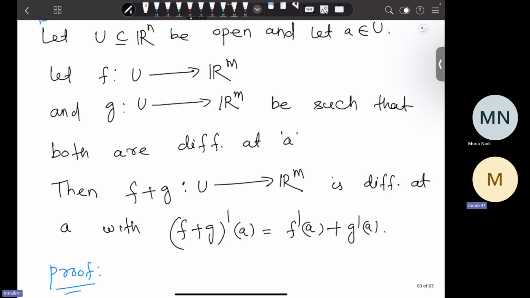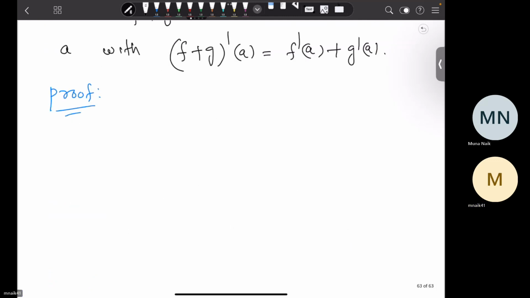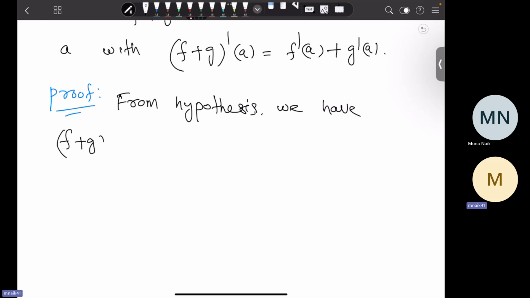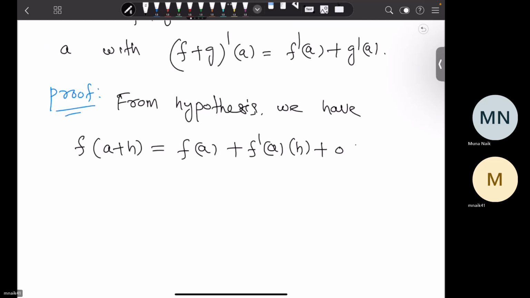What is the meaning of f being differentiable at a? From the hypothesis, f is differentiable at a, so f of a plus h is nothing but f of a plus f prime of a applied to h plus little o of h.